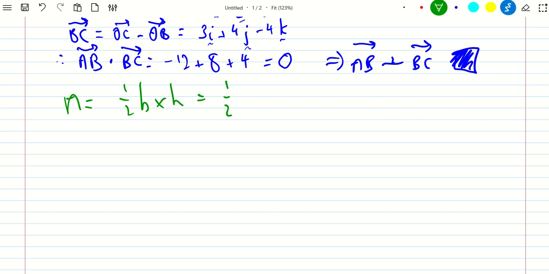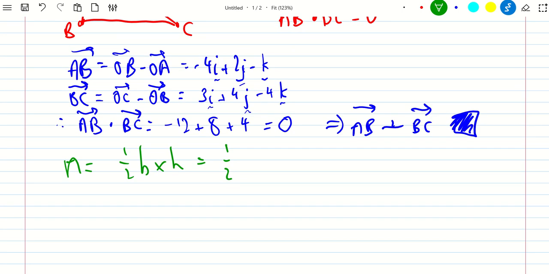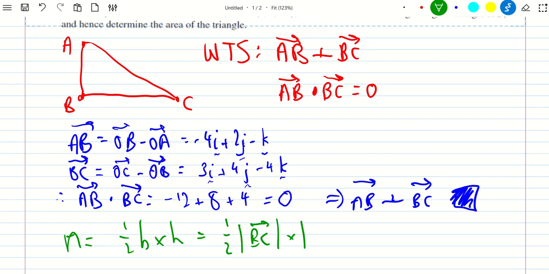In other words, it's going to be half the magnitude of BC times the magnitude of AB. Sorry, my writing's a bit bad today. So that's what we're trying to calculate here.